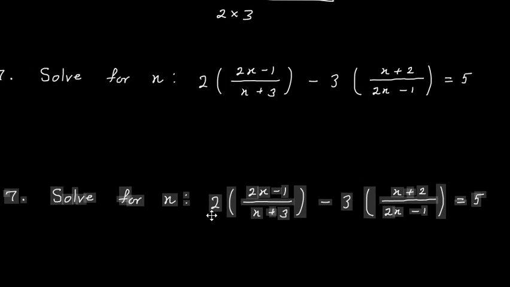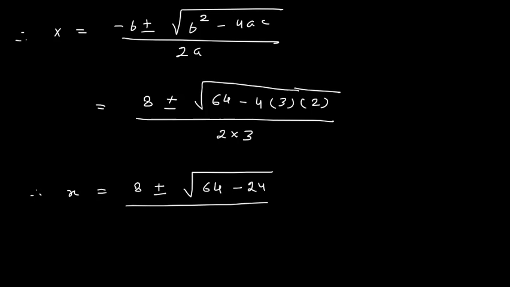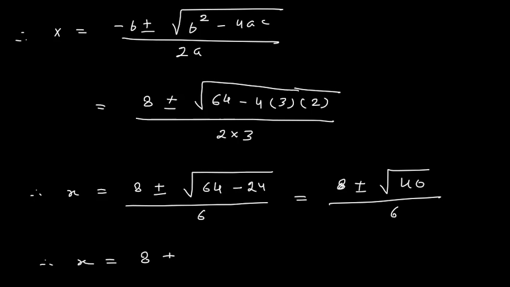So we will get x is equal to 8 plus minus root of 64 minus 3 into 2 is 6, 6 into 4 is 24, and whole divided by 2 into 3 is 6. So this is 8 plus or minus root of 64 minus 24, which is what? 40, divided by 6. So finally we will get x is equal to 8 plus minus root of 40.